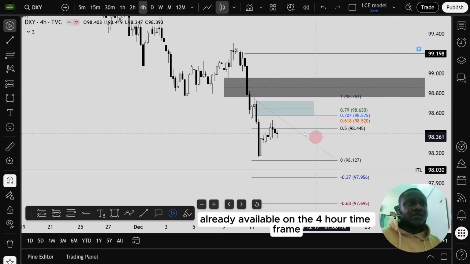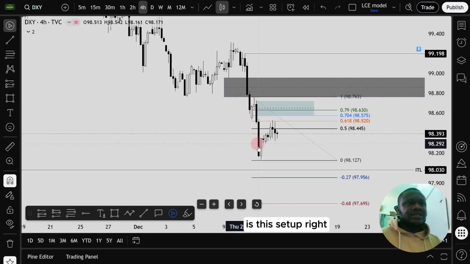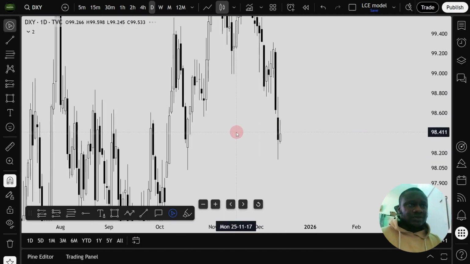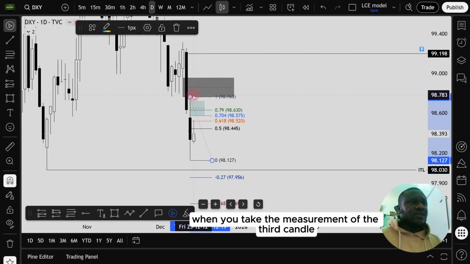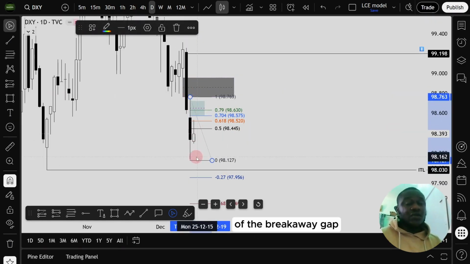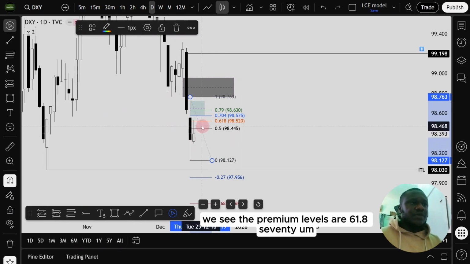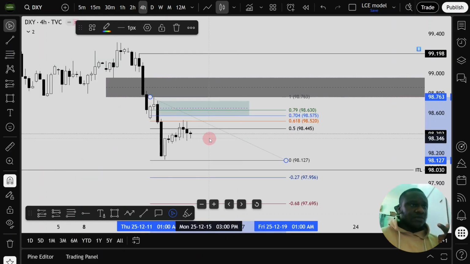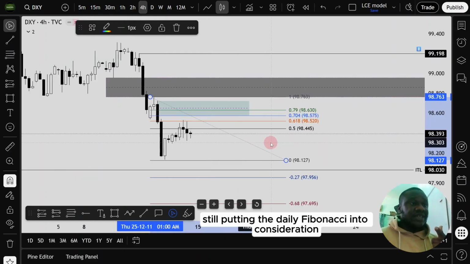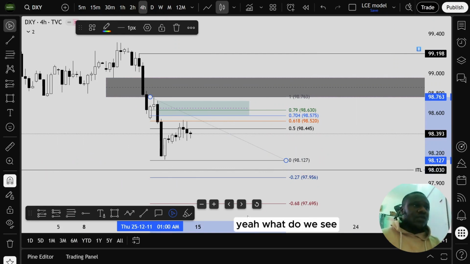Already available on the 4-hour time frame is this setup, right? Look at it. When you take the measurement of the third candle of the breakaway gap, we see the premium levels 61.8, 70.4 and 79.0. All right, these are the premium levels. And when I go to the 4-hour time frame, still putting the daily Fibonacci into consideration here, what do we see?